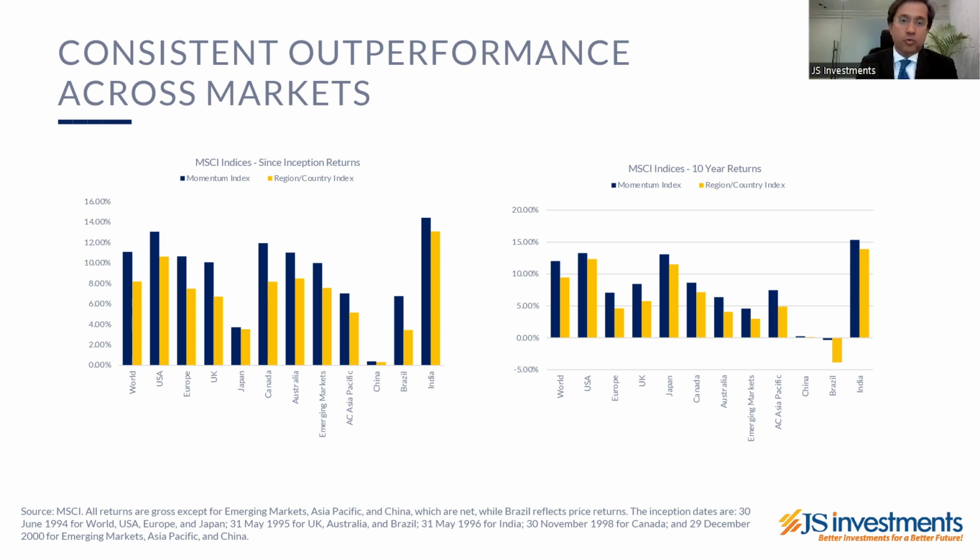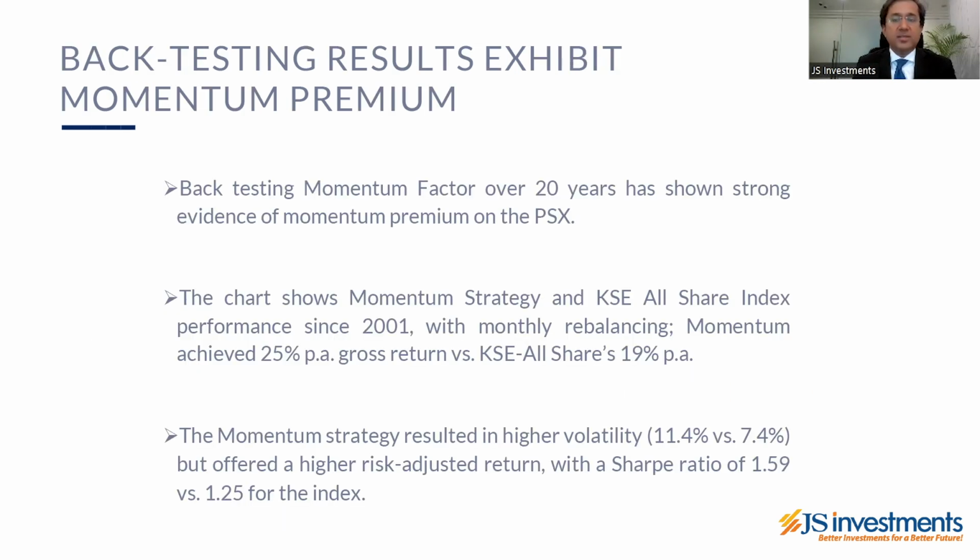And obviously, the story is pretty much the same across all the markets, even in terms of the last 10 years, as reflected on the graph on the right-hand side. The darker blue bars are higher than the yellow bars, reflecting the momentum's outperformance. Before we launched this fund, we had back-tested data for almost the past 20 years for our momentum index vis-a-vis the KSE all-share index.